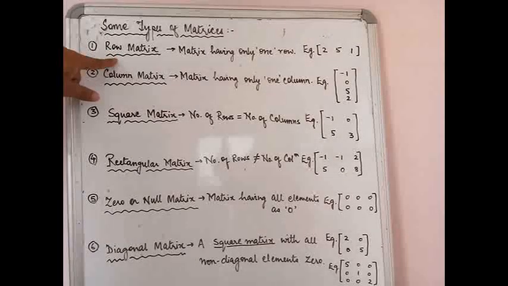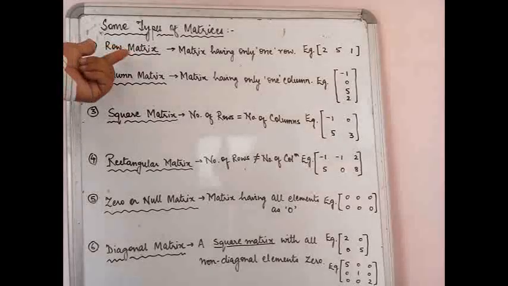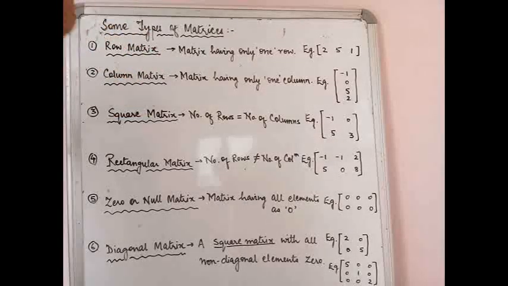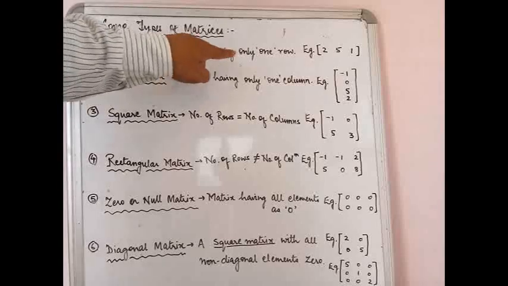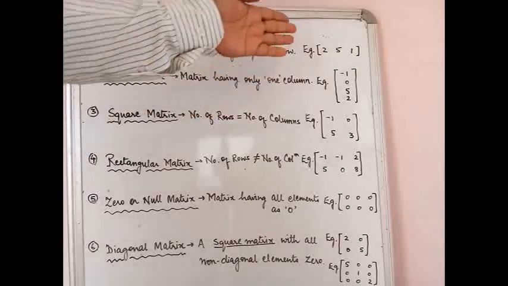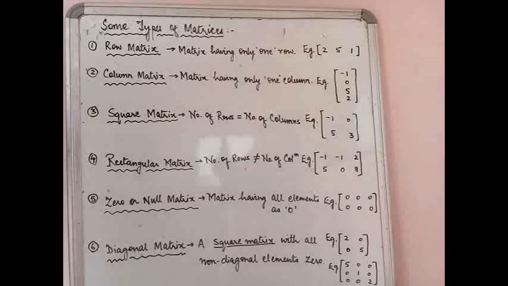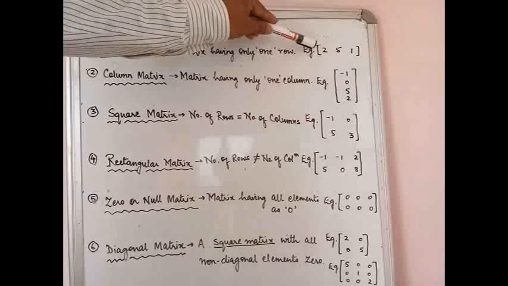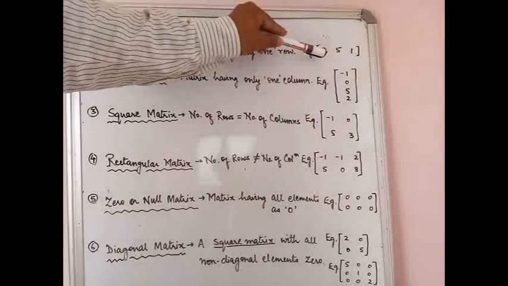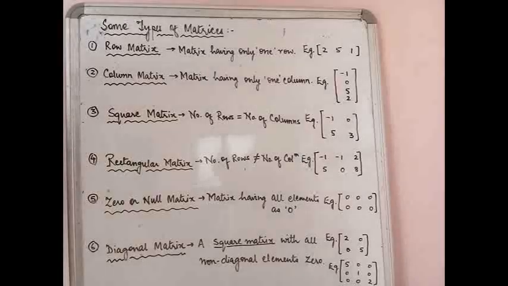Number 1 is the row matrix. As the name suggests, it will only have one row. It is a matrix having only one row, and I have listed one example over there. It only has one row; there are no subsequent rows below the first row.